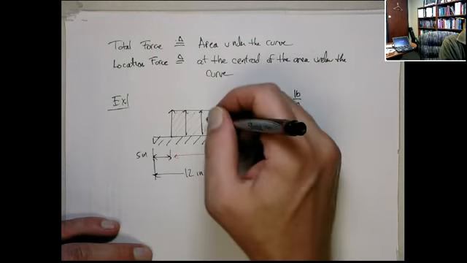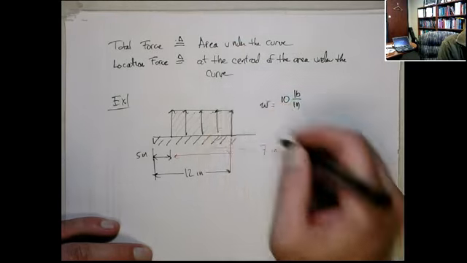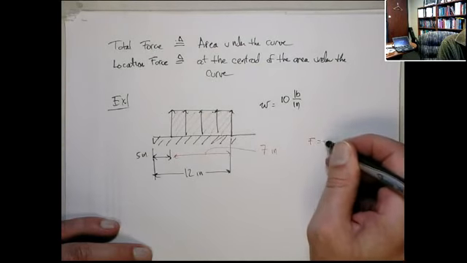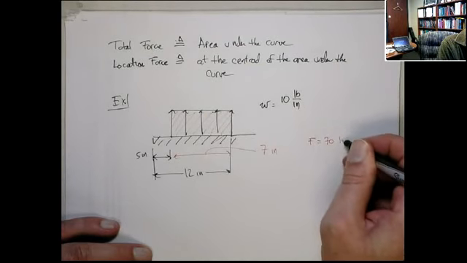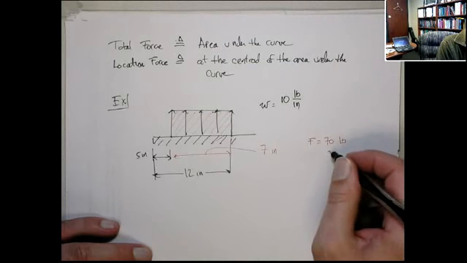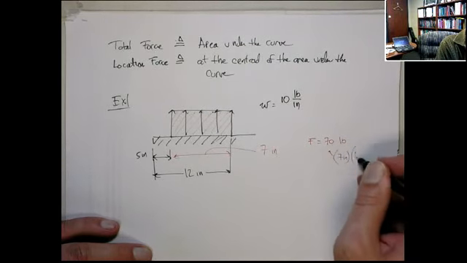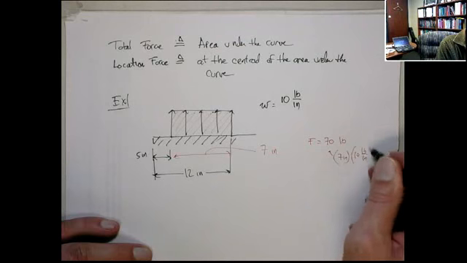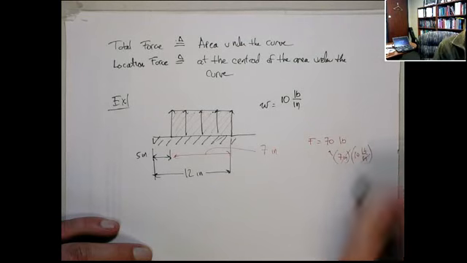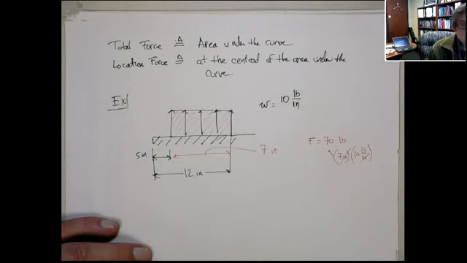And so this one's 70 pounds, right? This comes from 7 inches times 10 pounds per inch. The units cancel out. That's the effective force.